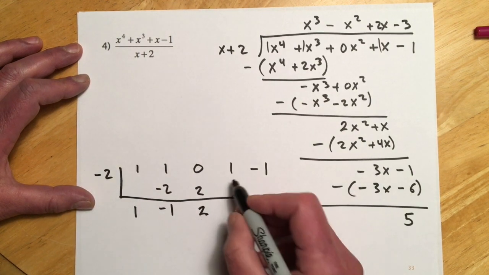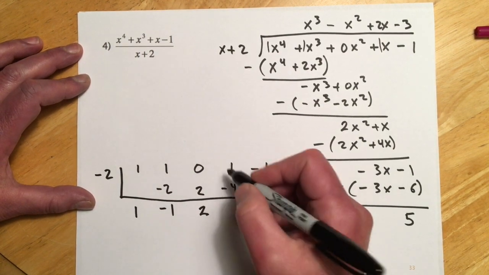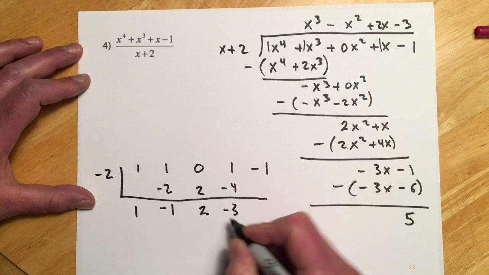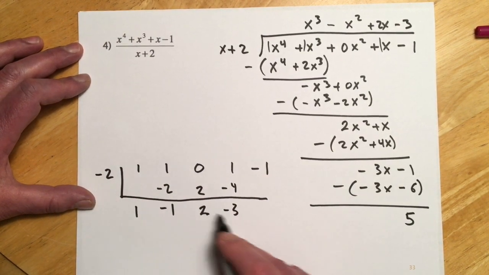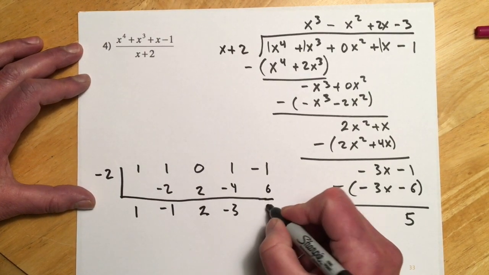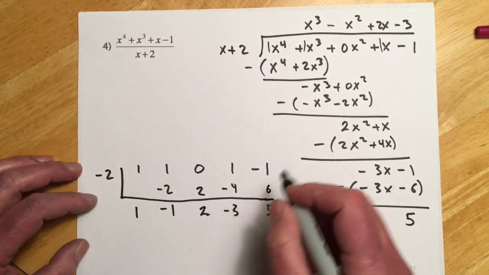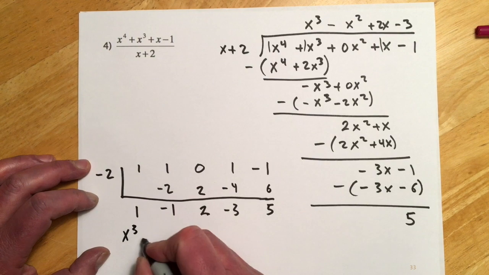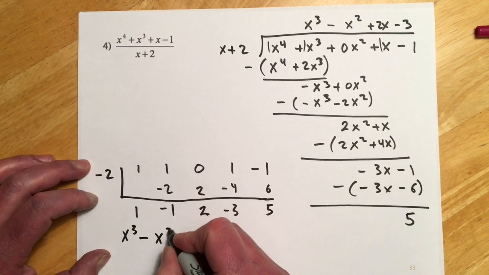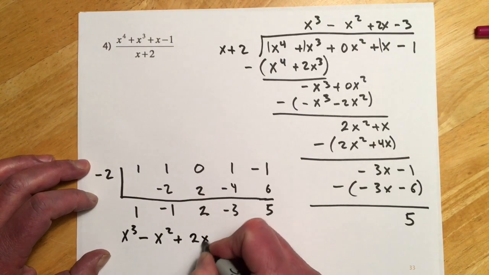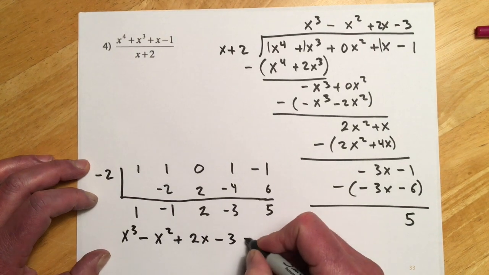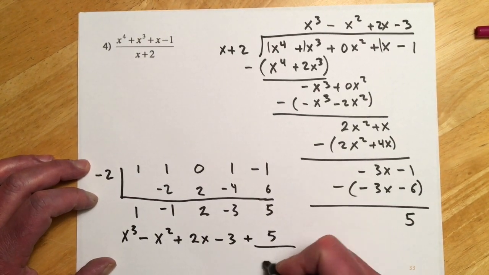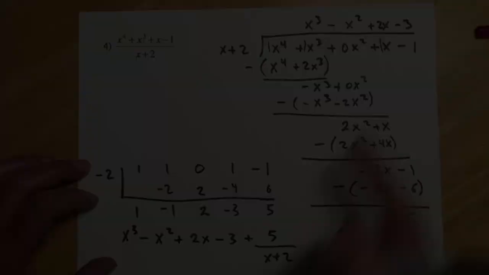Negative 2 times 2, negative 4. 1 plus negative 4 for negative 3. And then negative 2 times negative 3 for 6. And there's our 5. So again, I was going x into x to the fourth, so this will be an x cubed minus x squared plus 2x minus 3, and then 5 over the divisor.